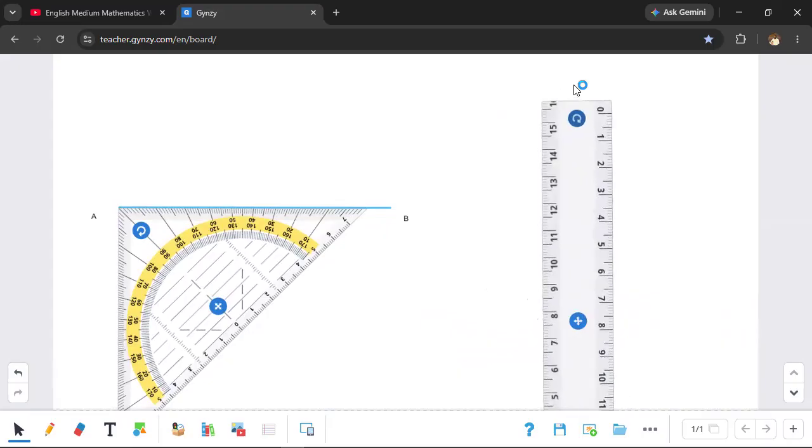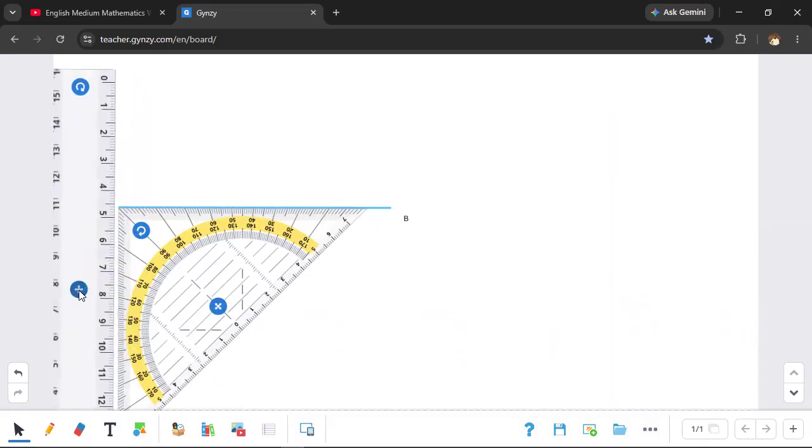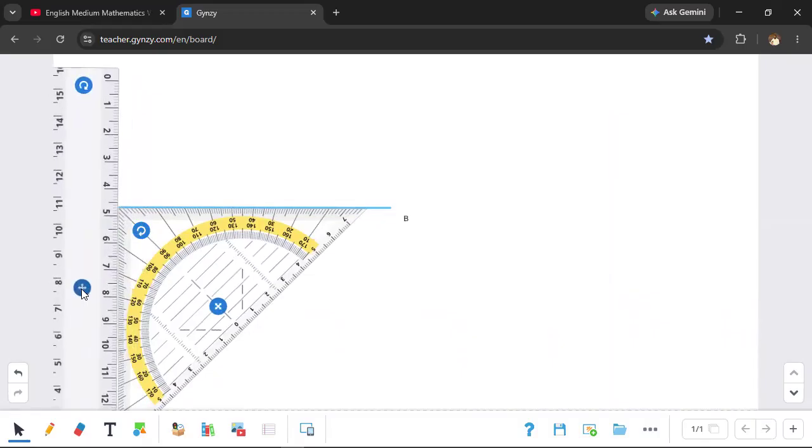Then take your ruler, right? Take your ruler and make it vertical, right? And place it here. Exactly coincide with this line. The line exactly coincides, right? Here, I will show you. It should exactly coincide with your set ruler's edge. Can you see this green line?